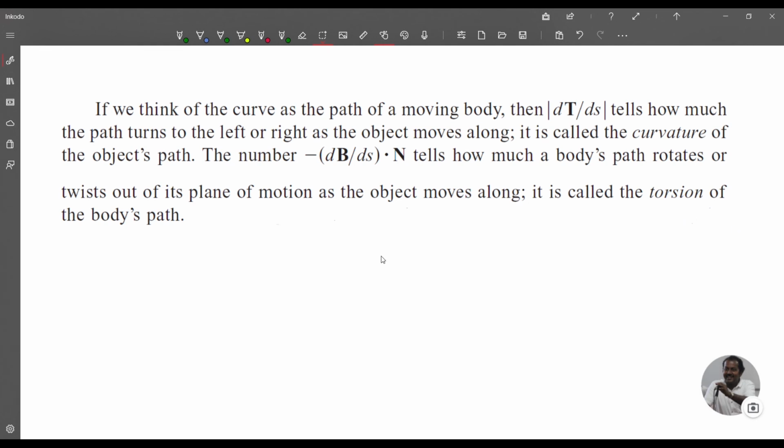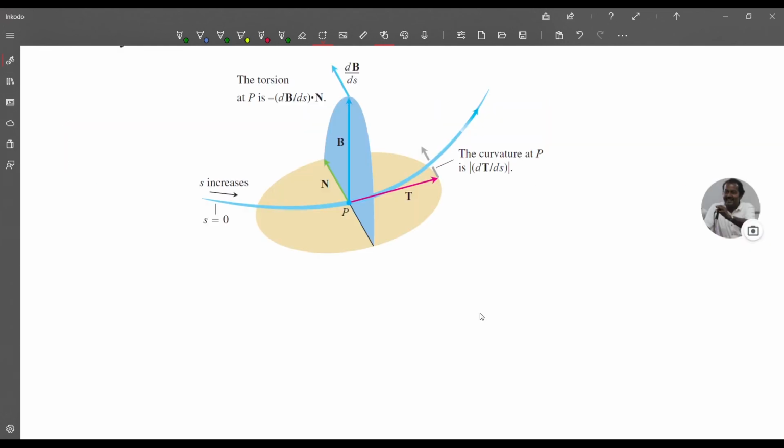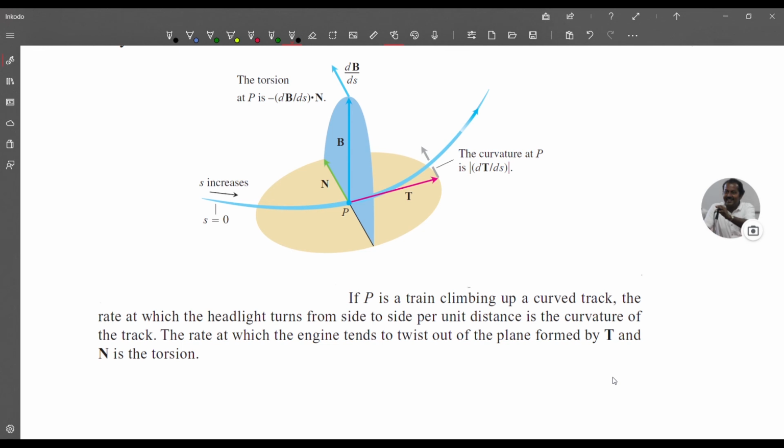For example, suppose that this represents the path of a train. Suppose that P is a train which is climbing up on a curved track. The rate at which the headlight of the train turns from side to side, left or right, per unit distance is the curvature of the track.